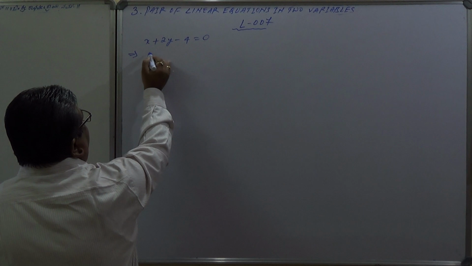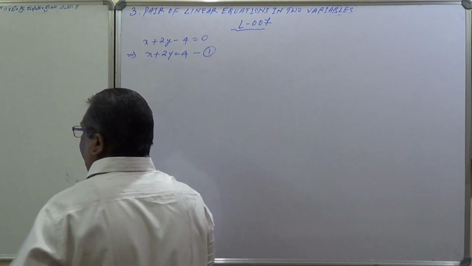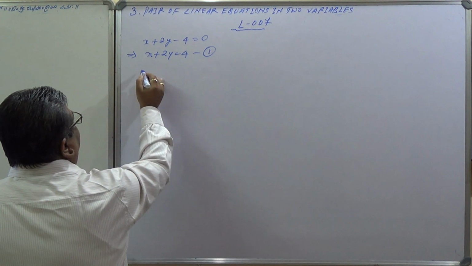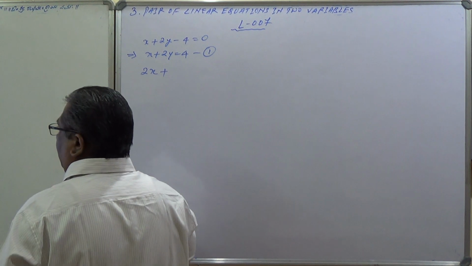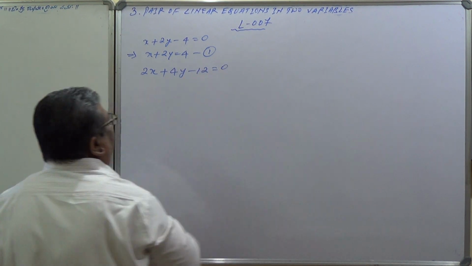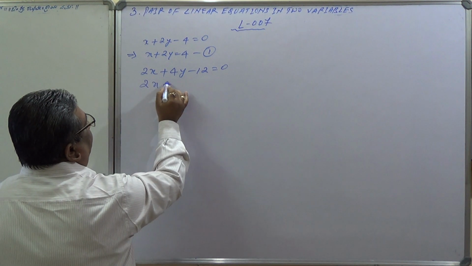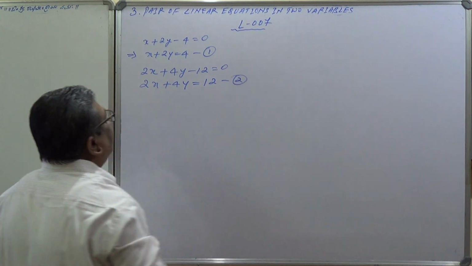This I can represent as x plus 2y equals 4, first equation. Next equation given is 2x plus 4y minus 12 equals 0. So 2x plus 4y equals 12.